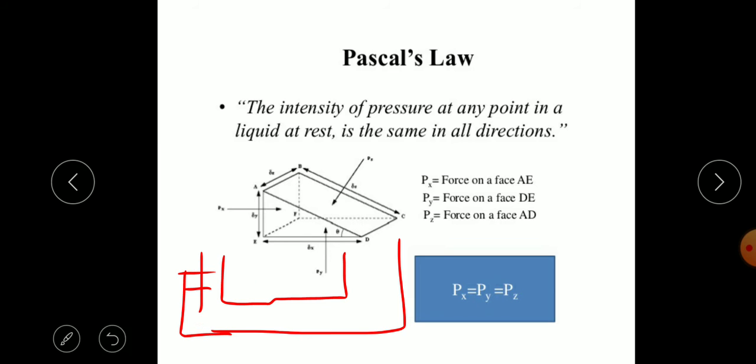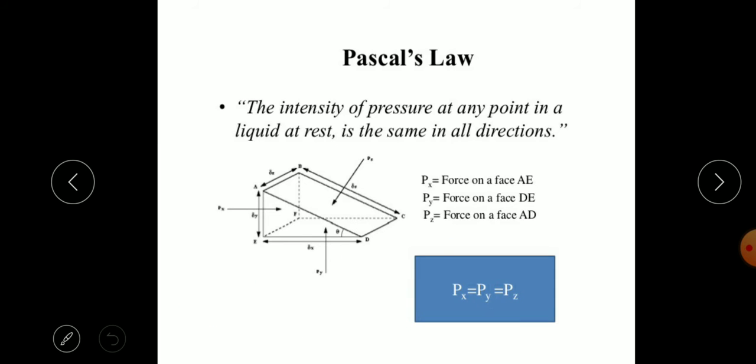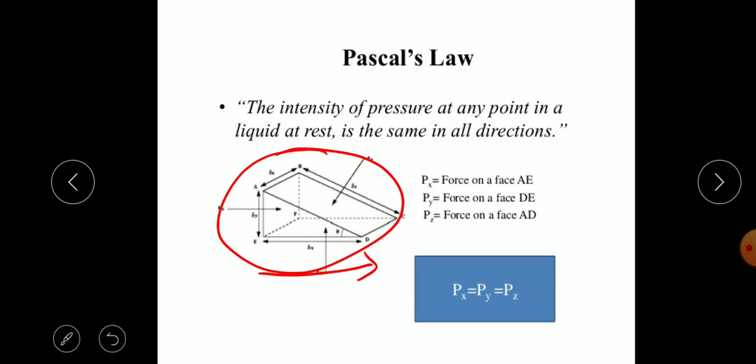For that we have considered a wedge shaped fluid element, having different dimensions: dx is the length along the x direction, dy along the y direction, and dz along the z direction, as shown here.